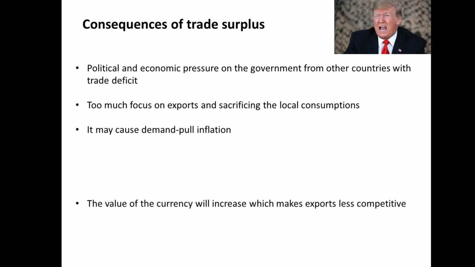As a trade partner of China, the U.S. is not satisfied with that result, so they gave them some political and economic pressures. The different protectionist measures are the pressures on those countries with trade surplus.